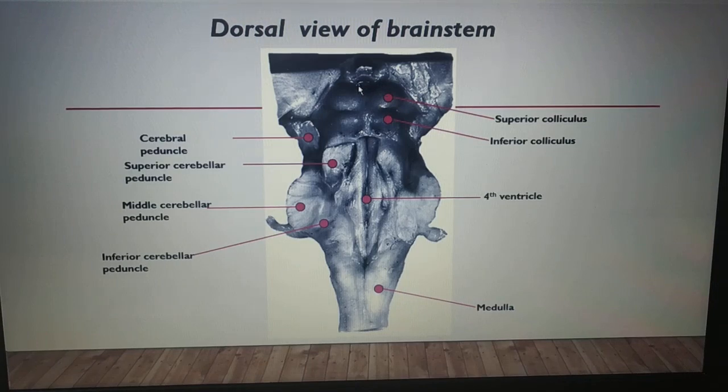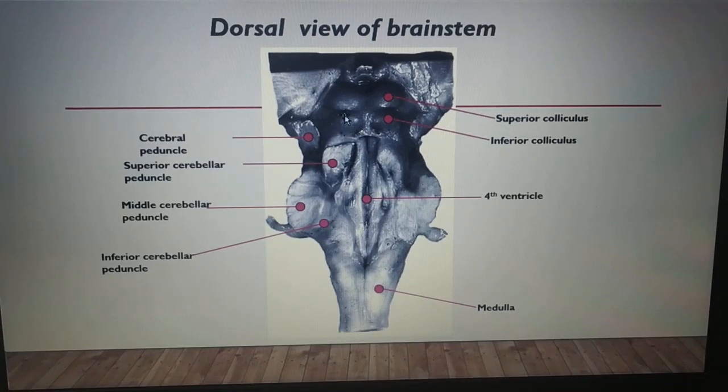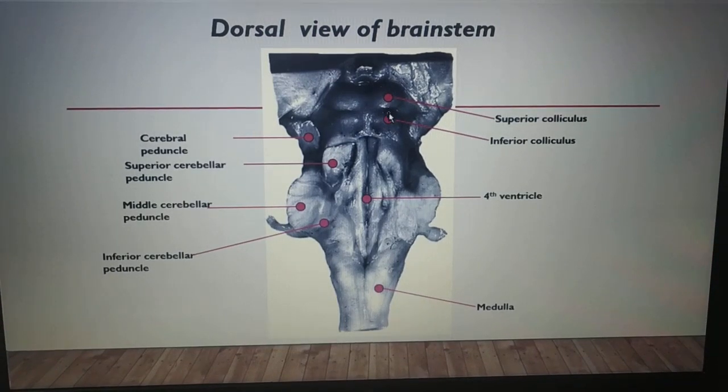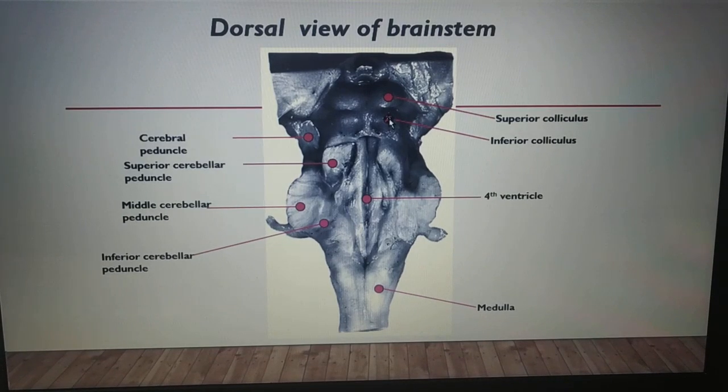The upper two are called the superior colliculus, the lower two are the inferior colliculus. All four together are called the corpora quadrigemina. The corpora quadrigemina are the reflex centers involved in vision and hearing.